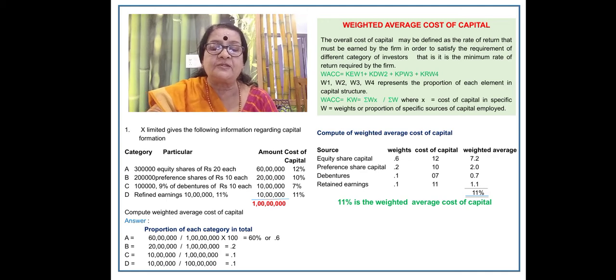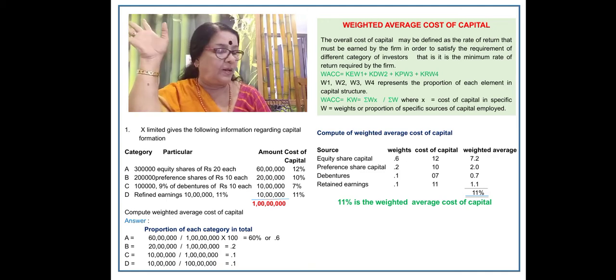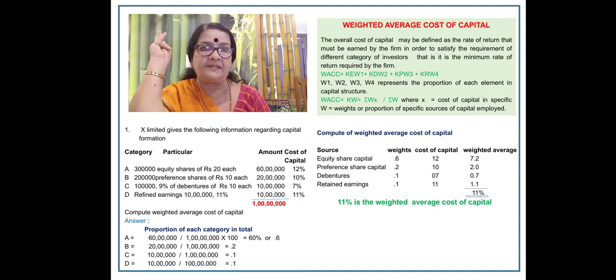Now, after tax cost, that is cost of capital, is given 5%, that is 0.05, then 10%, 12%, and 11%. Now, what to do? You have to multiply the amount with the after tax cost, that is 15 lakh into 5%, 12 lakh into 10%, 18 lakh into 12%, and 15 lakh into 11%.